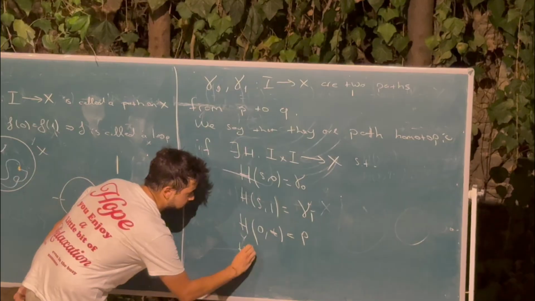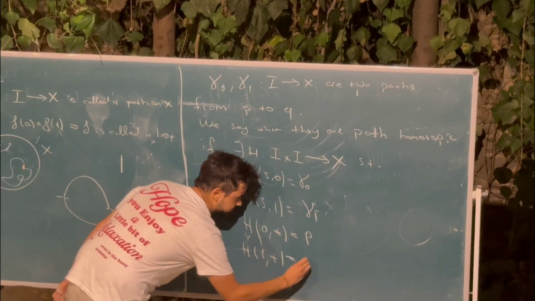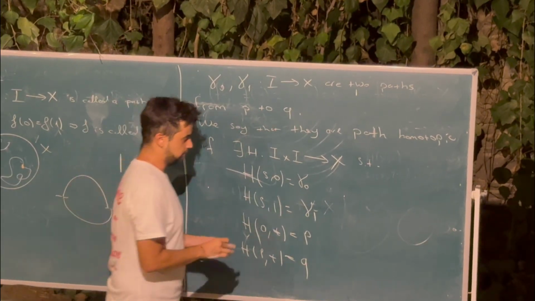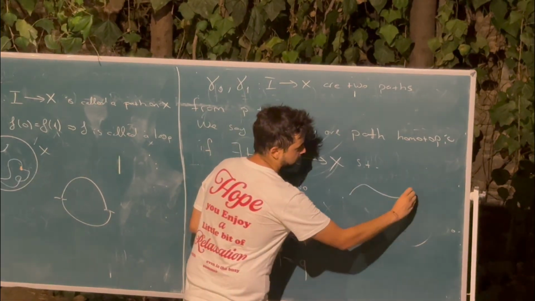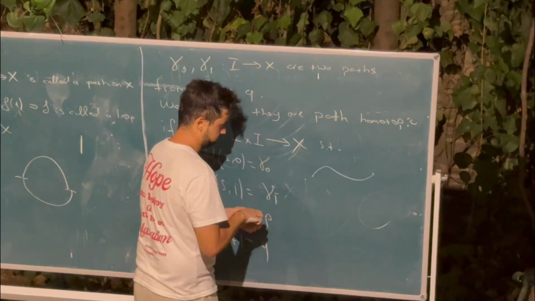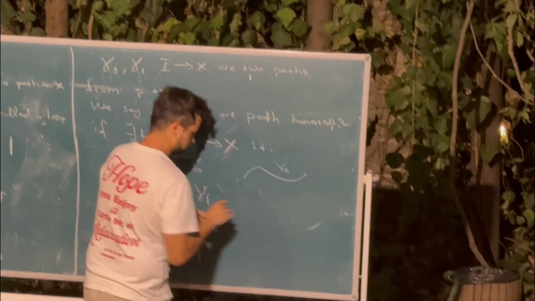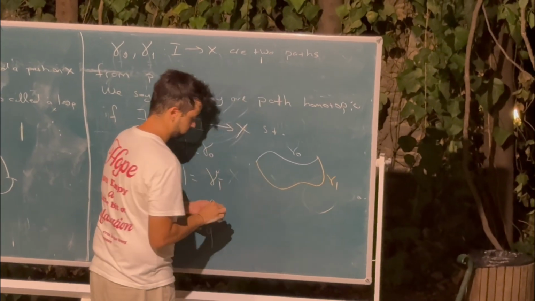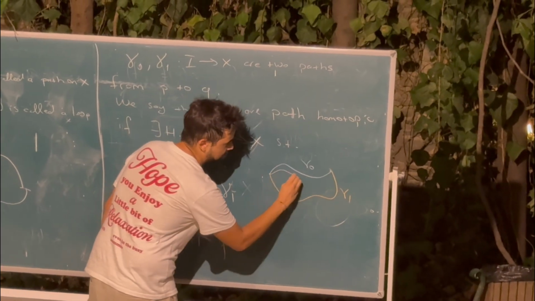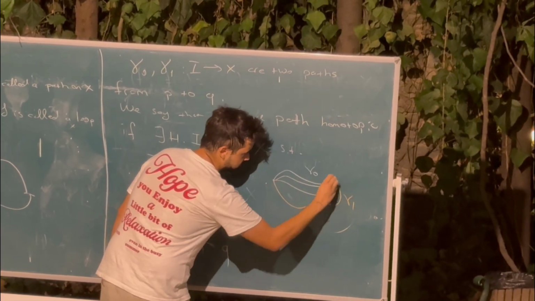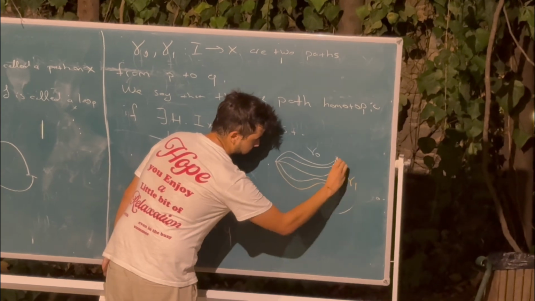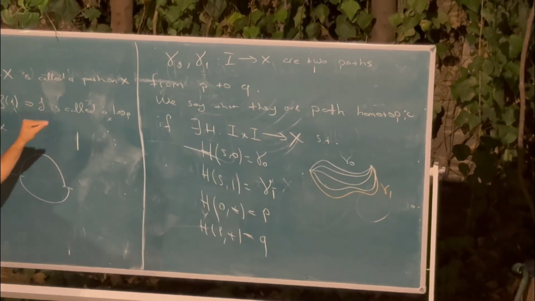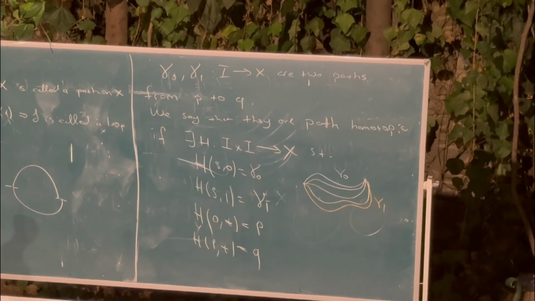So if this is gamma 0 and maybe this is gamma 1, a path homotopy looks like this. It's a movie, and the starting points and end points are fixed.